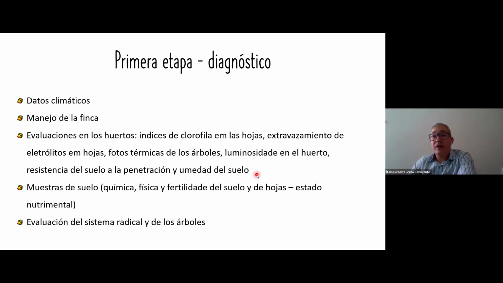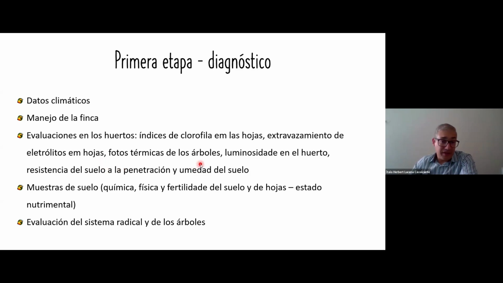So we have to study those factors and understand those factors during the diagnosis stage so that we can then develop a plan. So we have climate data, historic climate data, farm management. We carried out different tests and evaluations on different dates regarding chlorophyll indices in leaves, electrolyte leakage in leaves. And this is very simple information, but extremely useful information because it's practical information and that is an indicator of the stress that the leaves are under at a certain time.